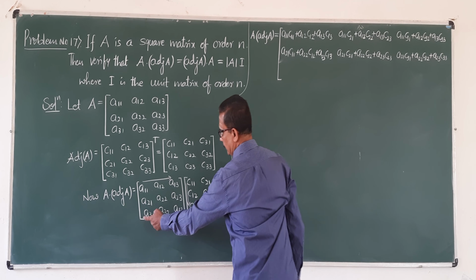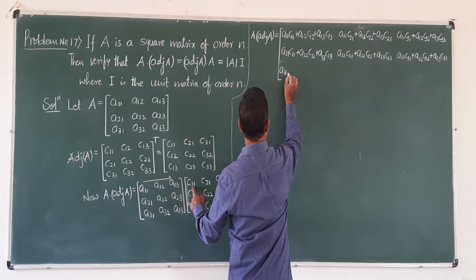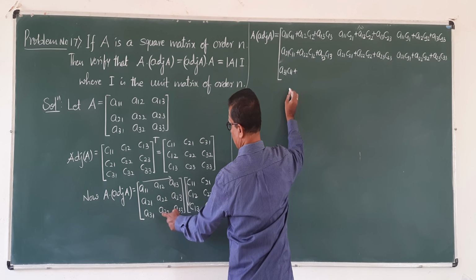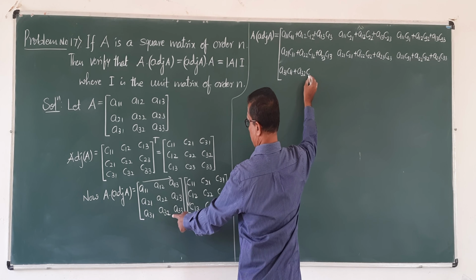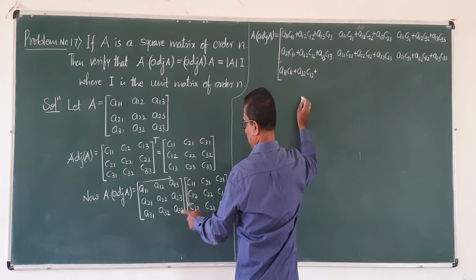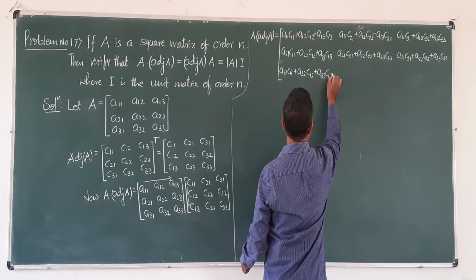Second row over. Take third row by first column: A31 C11 plus A32 C12 plus A33 C13.